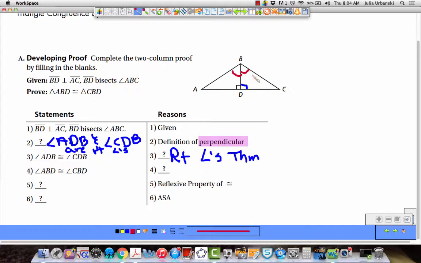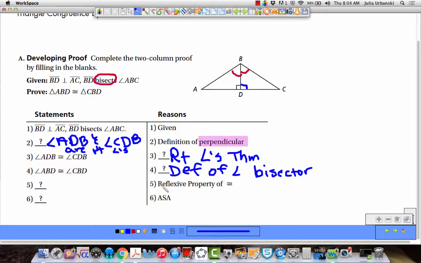Excellent. We cut an angle in half. So it comes from this word right here that ABC is getting bisected, cut in half. So that's the definition of the angle bisector. When you have a bisector, you can cut it into 2 equal parts.